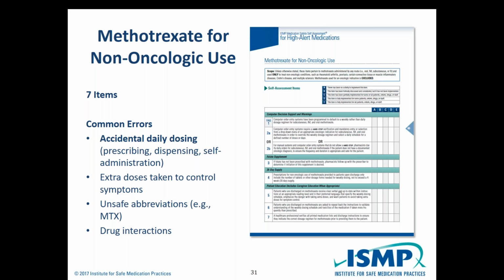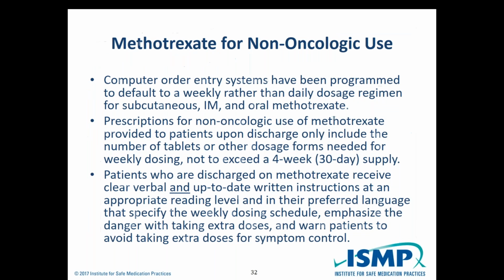This is something we've been harping on on an international scale: the accidental daily dosing versus weekly dosing for patients receiving methotrexate for a non-oncologic use. So again, it's based on our errors and also on our advisory group feeling that this was an important category to stand on its own.